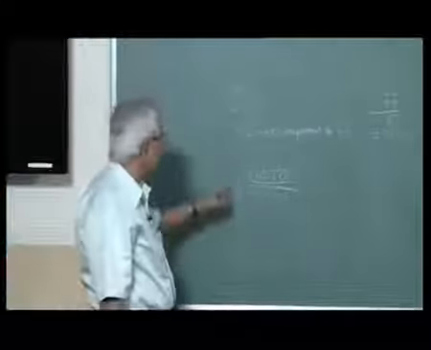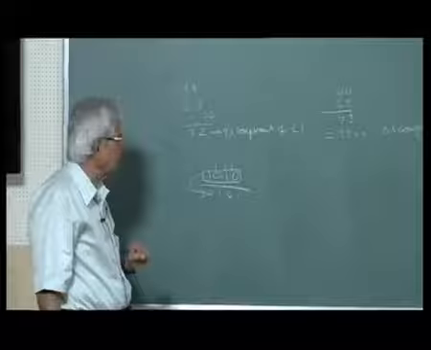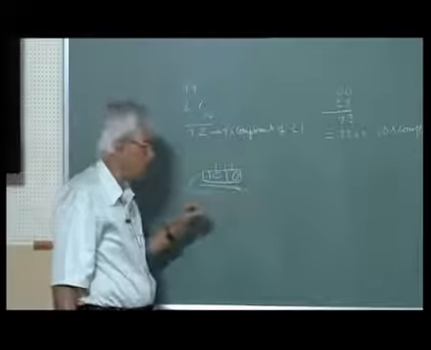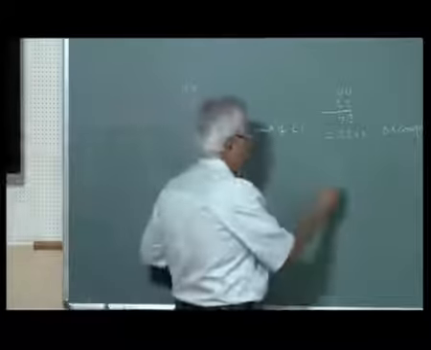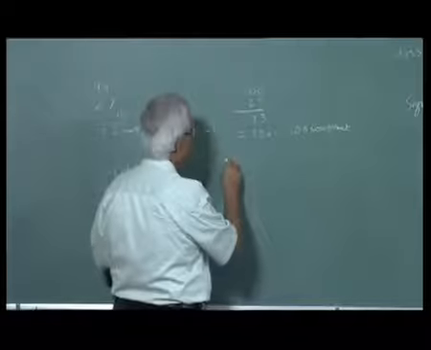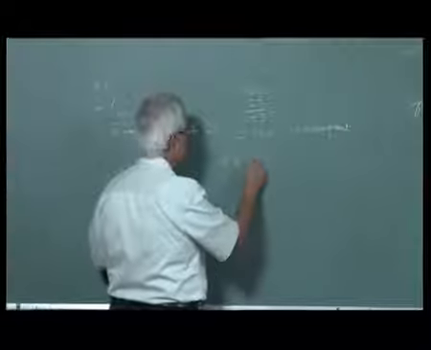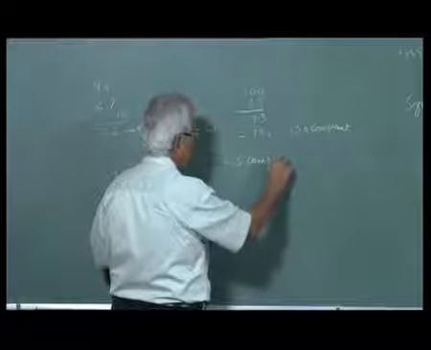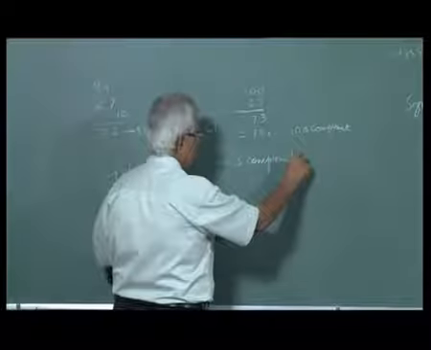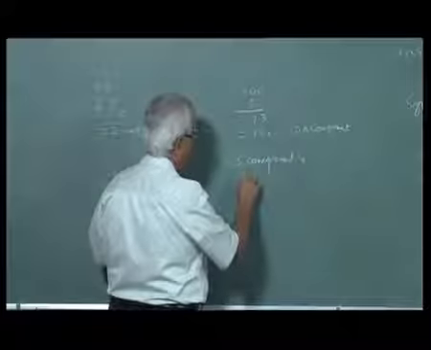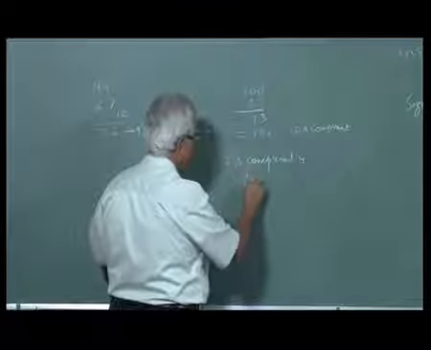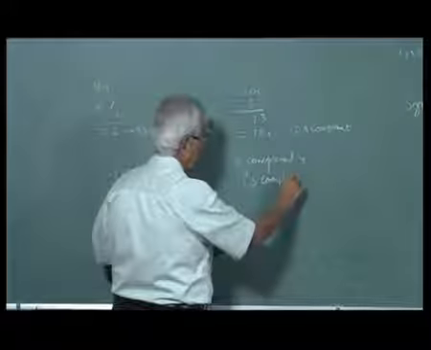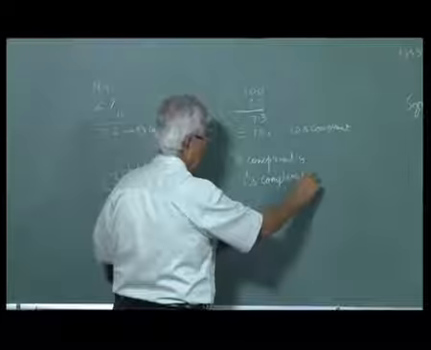So now I have 9's complement, I have 10's complement. Here I can have 1's complement and 2's complement. 1's complement we already did. 2's complement is 1's complement plus 1.